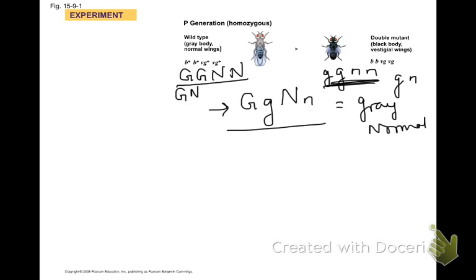Okay. Then he took this and he crossed it with the parental type. So he took the capital G, small g, and double mutant once again. He took a capital G, small g, capital N, small n, crossed it with again small g, small g, small n, small n.